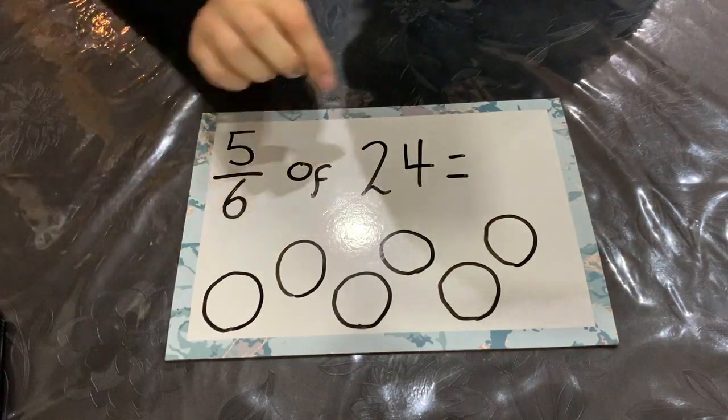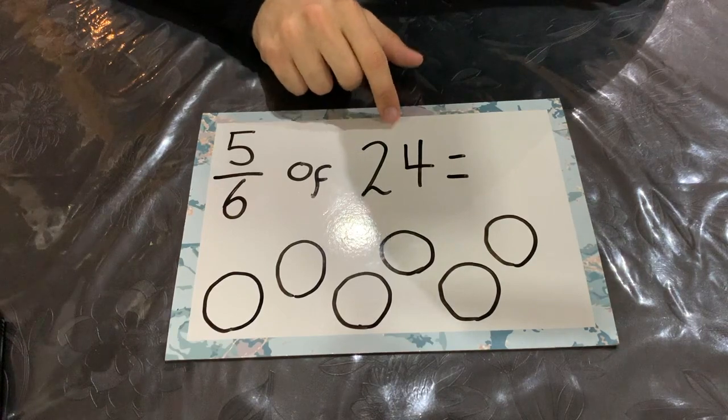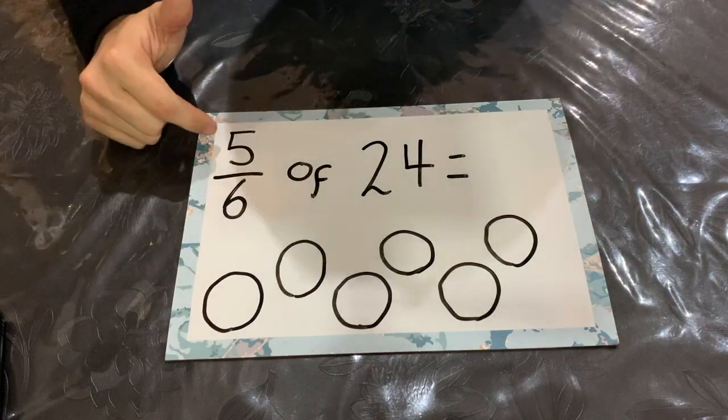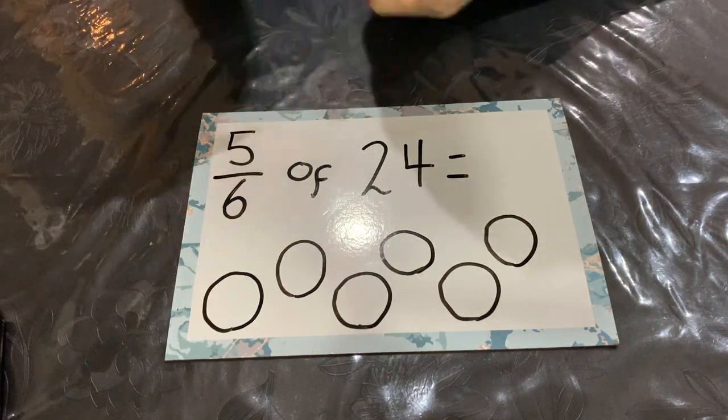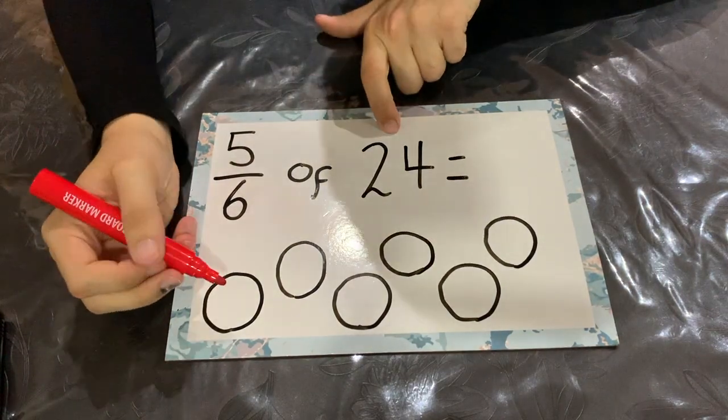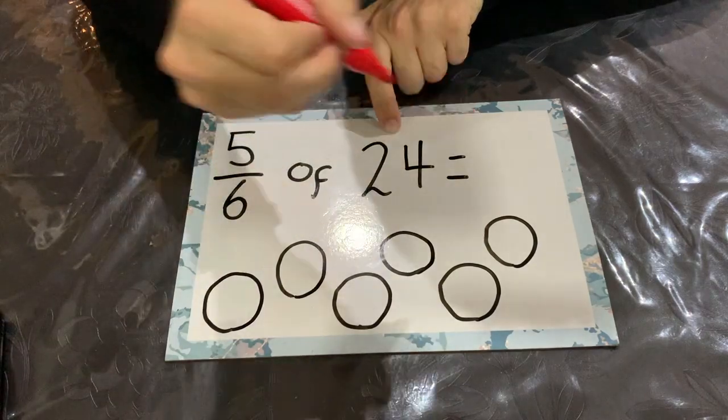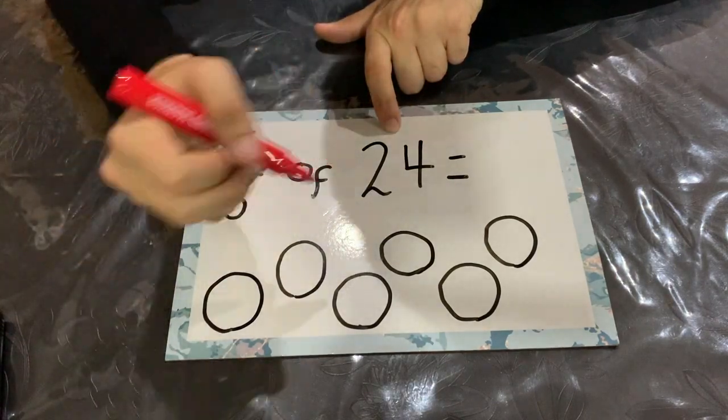And now I need to share 24 into them equally, and then I can find what 5/6 are. So 24, I need to count up to it until I have filled my 6 groups.